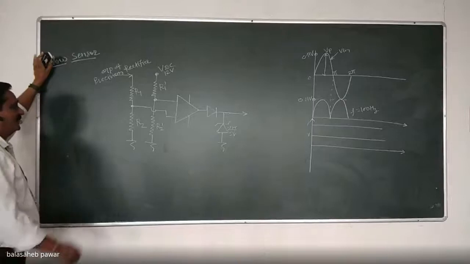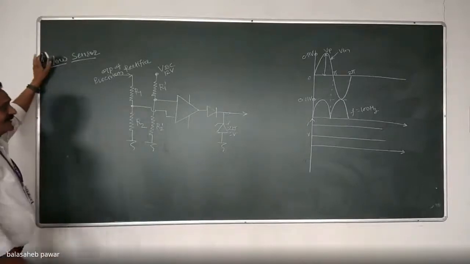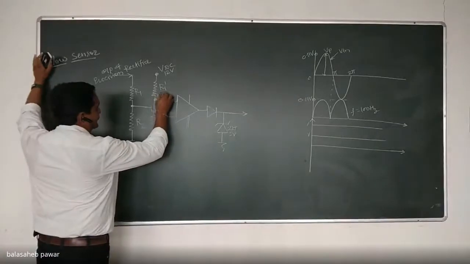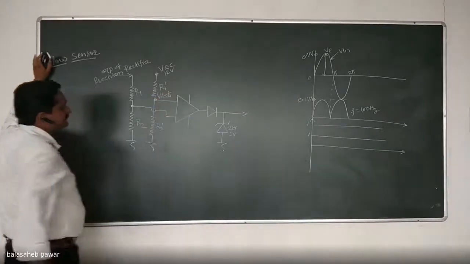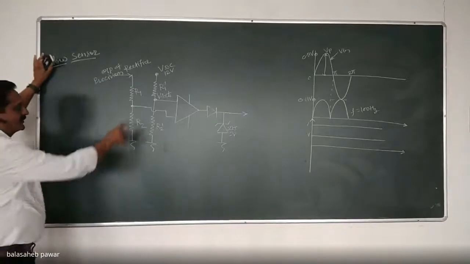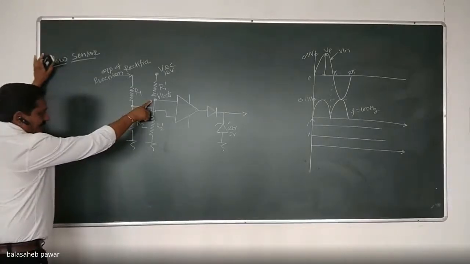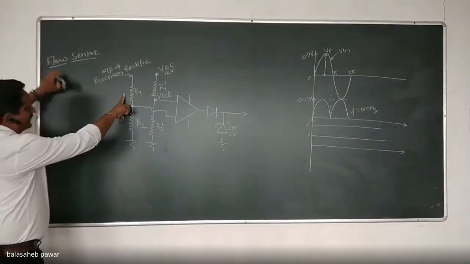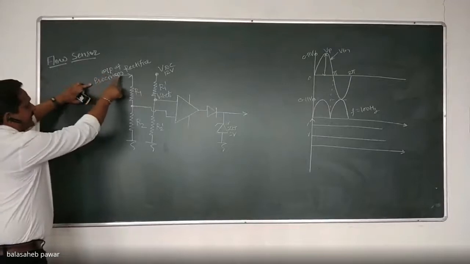Yes, sir. Okay, so just let me know about the inverting and non-inverting pin. We will call this one V reference. We are going to take that V reference somewhat greater than the node voltage obtained across this voltage divider whenever the output of the precision rectifier is 0.11 volt.